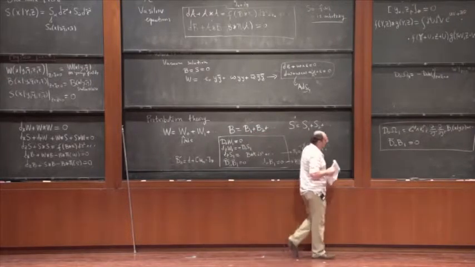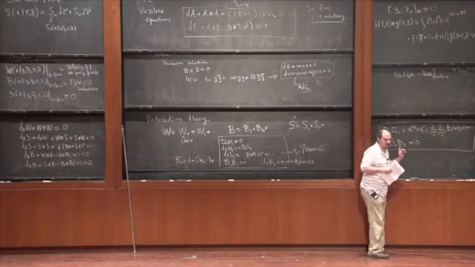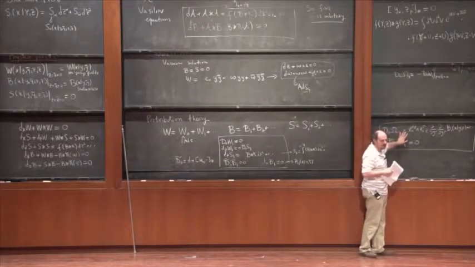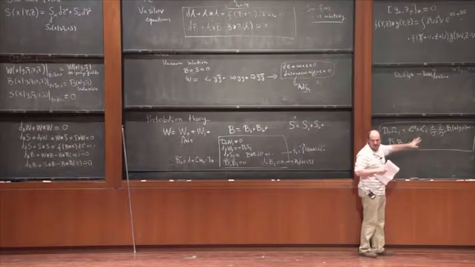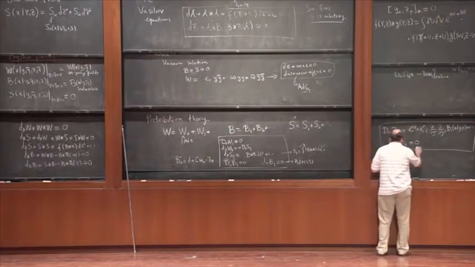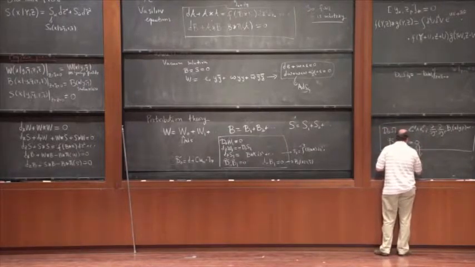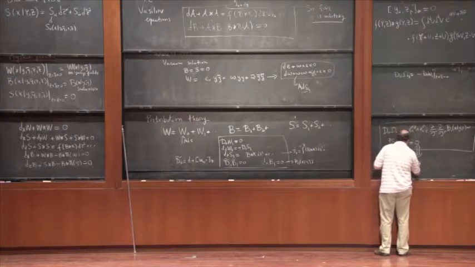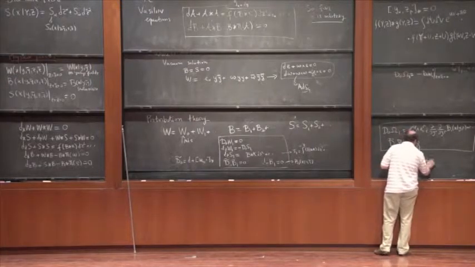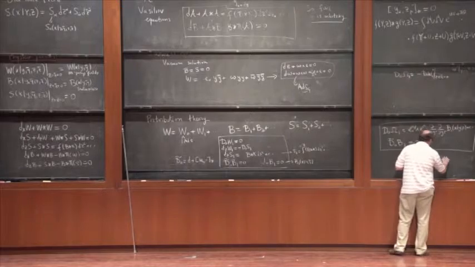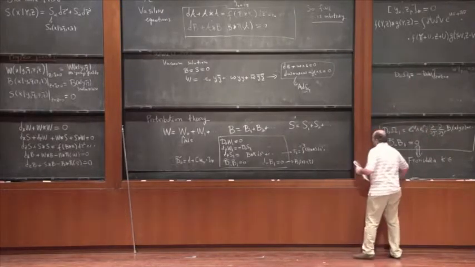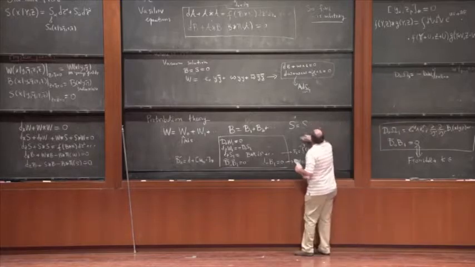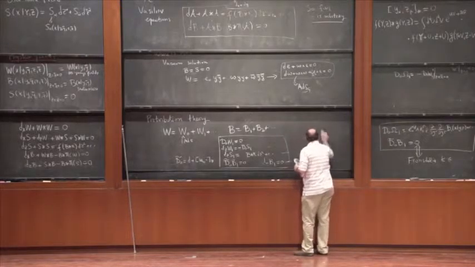I didn't follow exactly what the history was, but historically this was found first, and then he showed that the nonlinear equations give this back. So it was shown by Vasiliev that this is equivalent to Fronsdal plus Klein-Gordon. I'm not going to do that in detail, but just some simple examples.